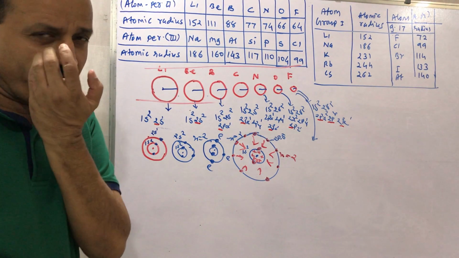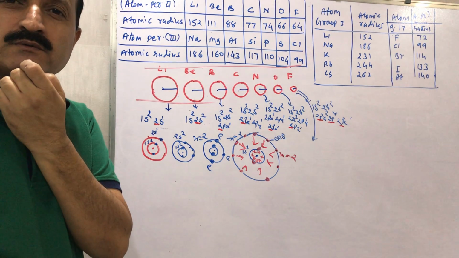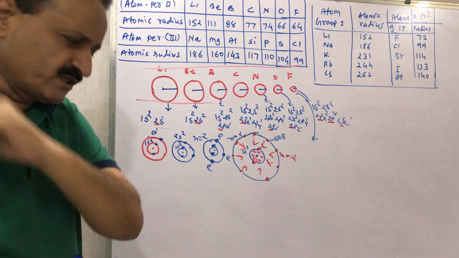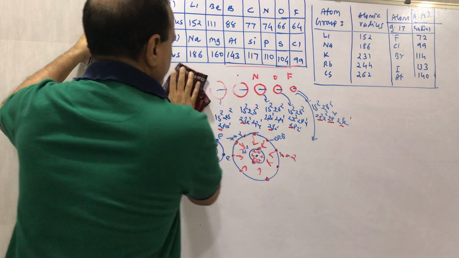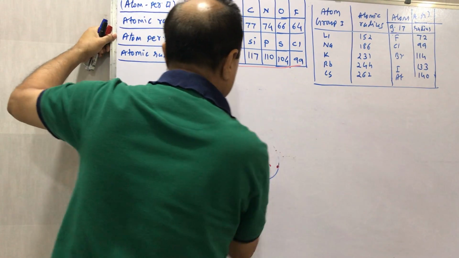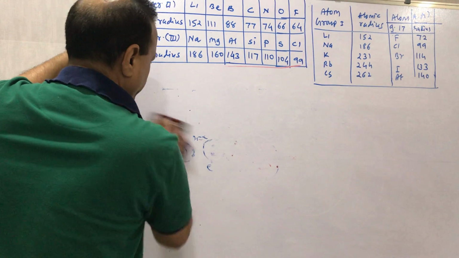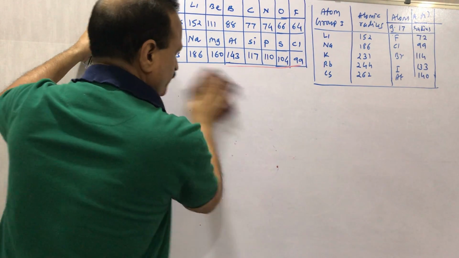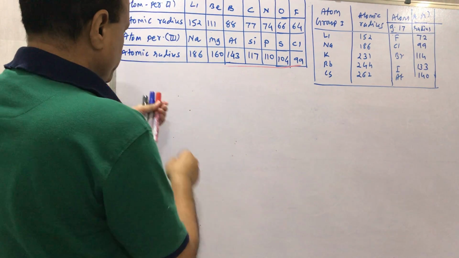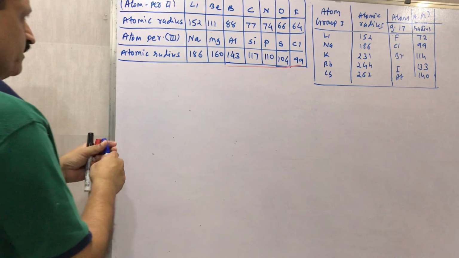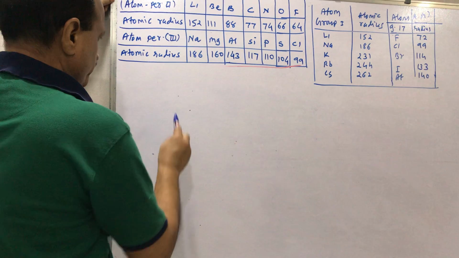Let's draw a graph to explain this theory. Let's draw the graph which is given in your textbook. I am explaining the graph, and from the graph you will see that the size is decreased as the atomic number in the period increases.